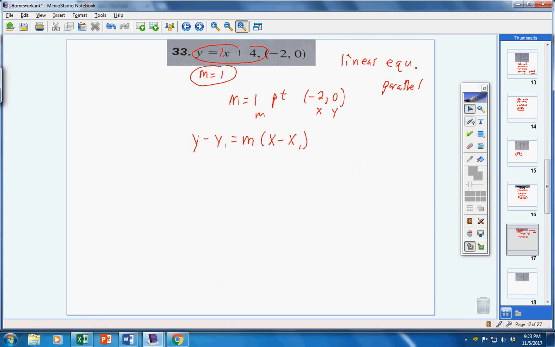Y minus y, which is 0, equals m, which is 1, times x minus x, which is negative 2. So, y minus 0 is y, x minus a negative 2 is a positive 2. Take your 1, multiply it through. 1 times x is x, 1 times 2 is 2. And we're finished because y is all by itself. Okay?